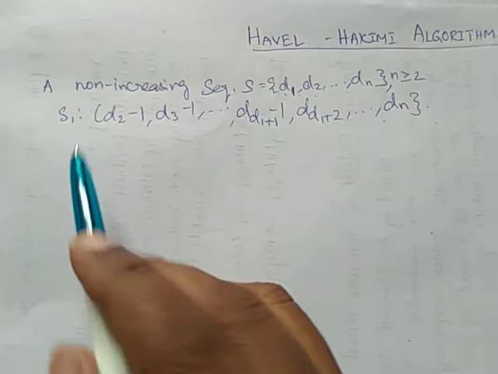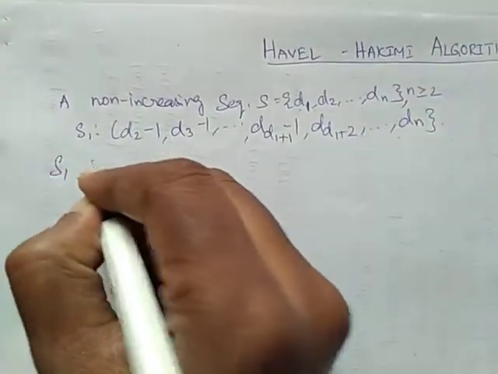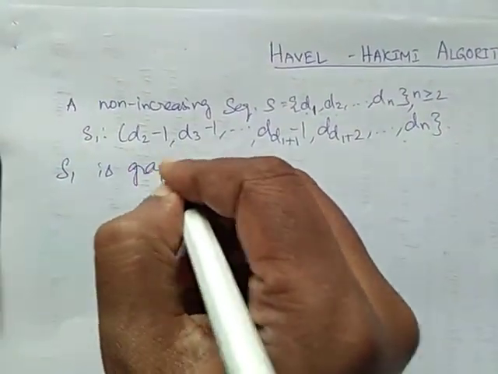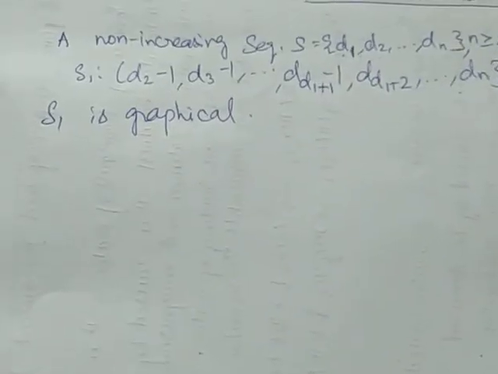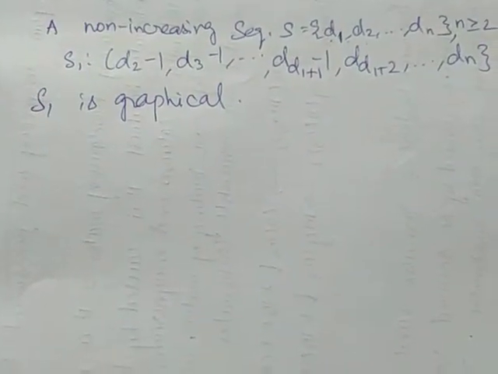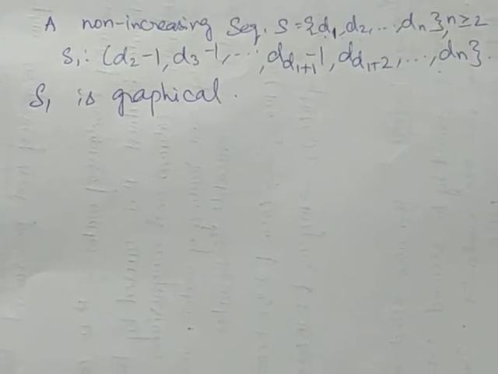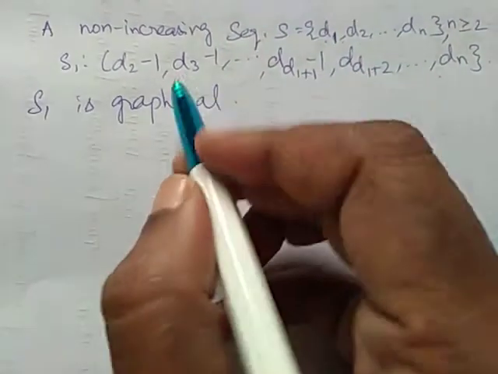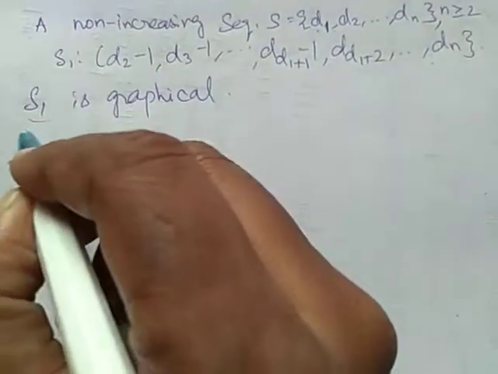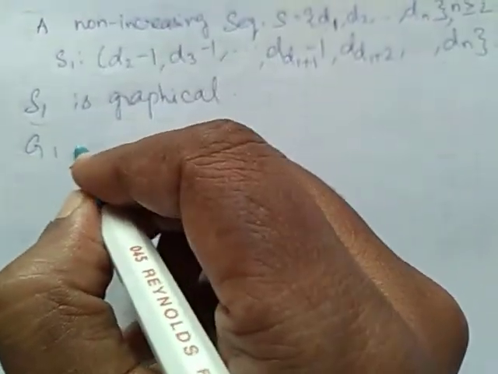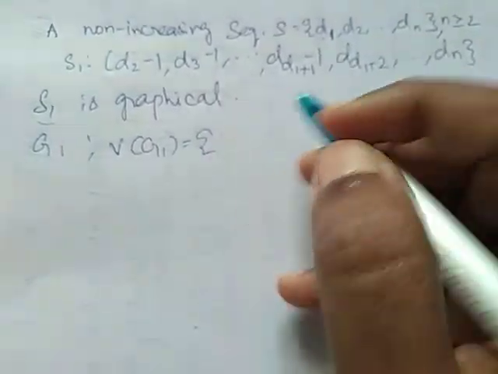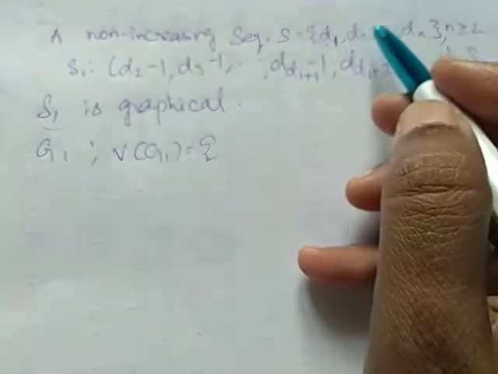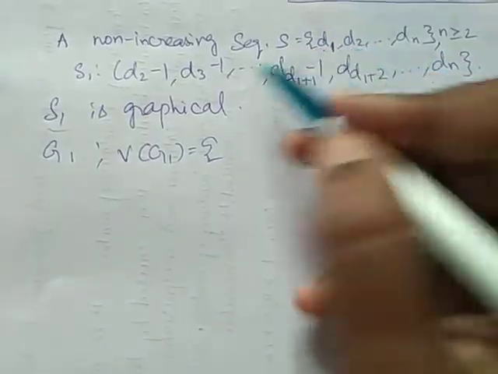So let us assume S1 is graphical. We are going to prove S is also graphical. Our data is that S1 is graphical, that is, there is a graph G1. For graph G1 we will not have the first vertex, it starts from the second, right?